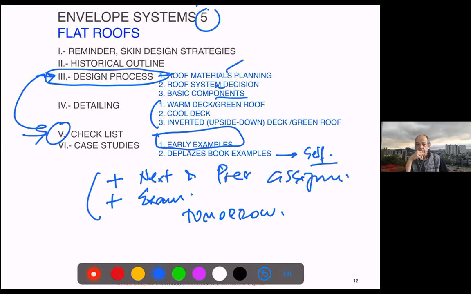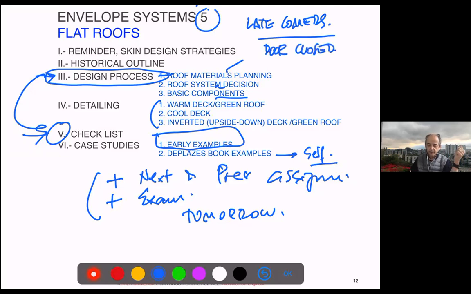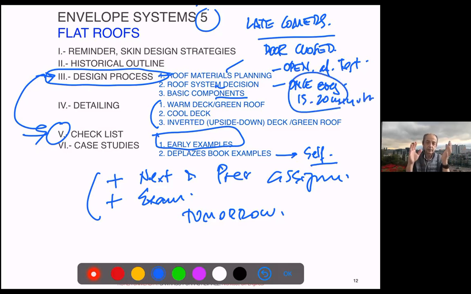Okay, now that we have all the class except one, I will tell the latecomers, since for about 20 minutes I have to keep stopping, I will usually have the door closed, and I will open it probably after the test, and then once every 15 or 20 minutes, depending on the flow of the lecture.